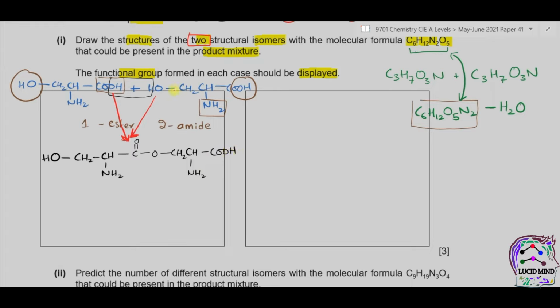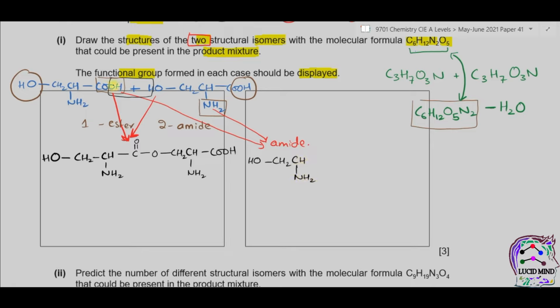Now we can also use these two to form amide group. Let's take this carboxylic acid group and this amine to form amide. Now the structure will be OH, CH2, CH, NH2.